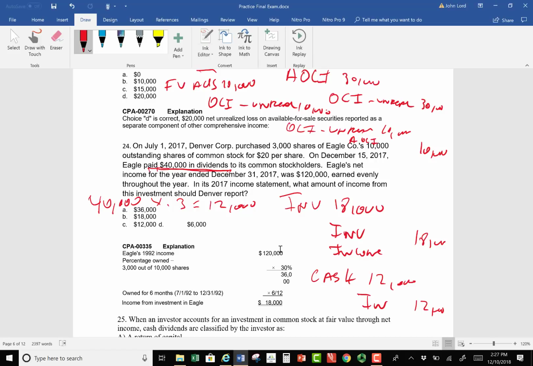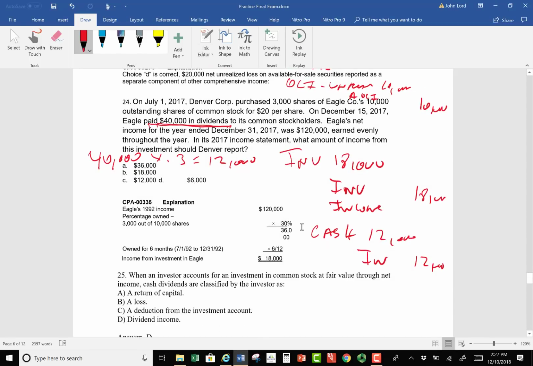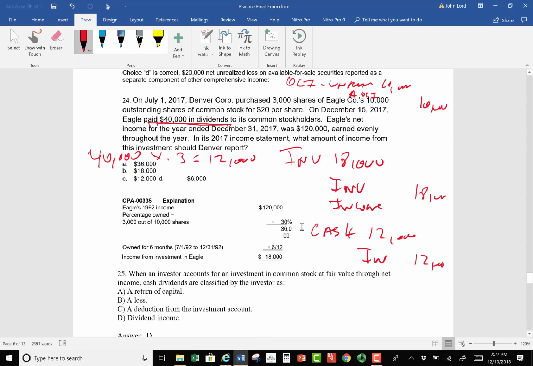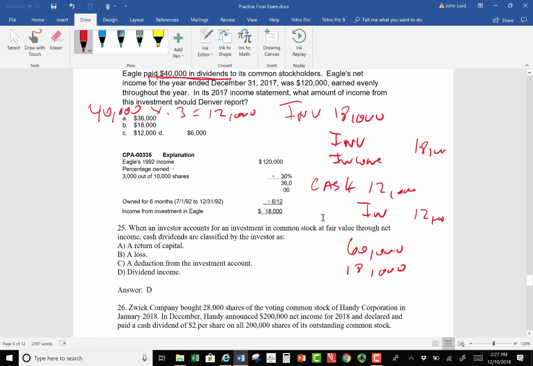So the investment would have been debited 60,000 and cash credited for the 60,000 when I bought the stock. Right? So you would have had the initial investment of 60, up by the amount of income of 18, down by my share of the dividend. So the ending balance in here should be 66,000, right? Using the equity method.